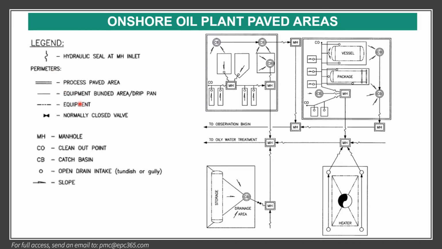Normally an onshore oil plant paved area is like this. This is a paved area. I will give you the maximum surface for this later. There are catch basins, and this goes to the manhole, and from different parts go to the manhole, and here it goes to the gullies, and the gullies then go to the manhole, or like this.